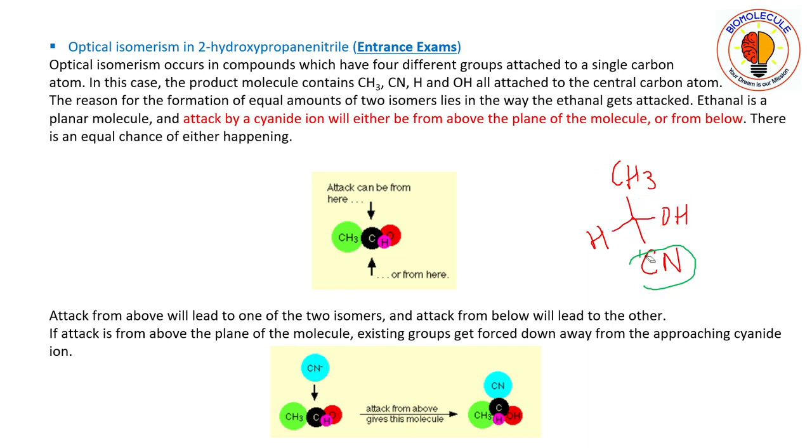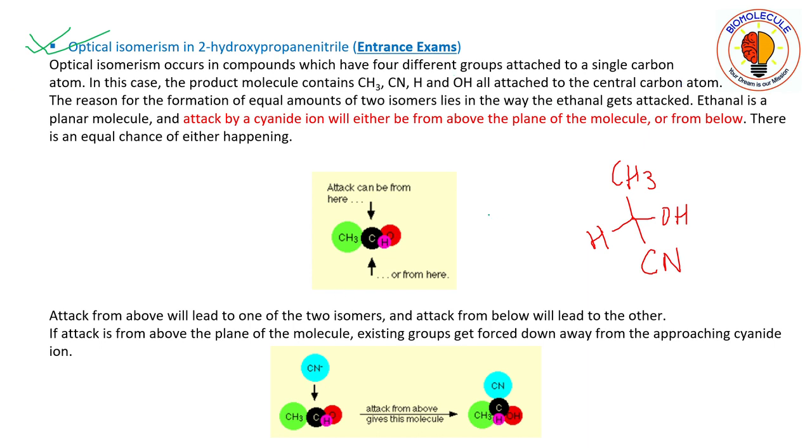So now moving on to isomerism, as we were talking about. Pay attention, this one is very important for your entrance exam, it always comes in the entrance exam. So optical isomerism occurs in compounds which have 4 different groups attached to a single carbon atom.